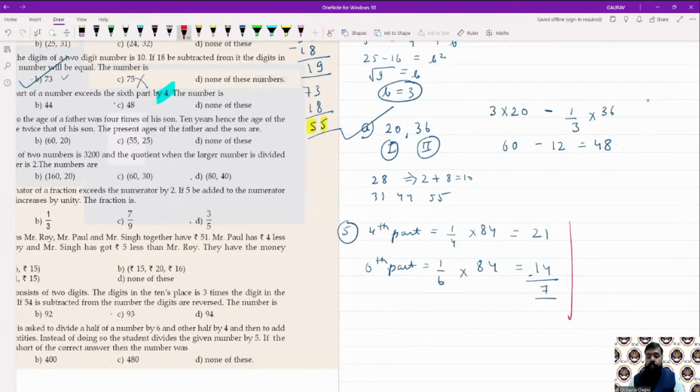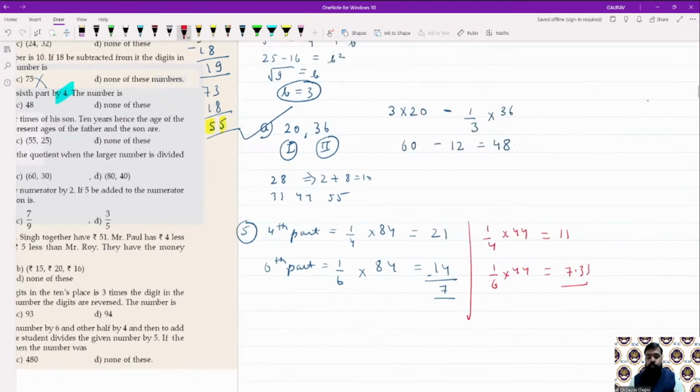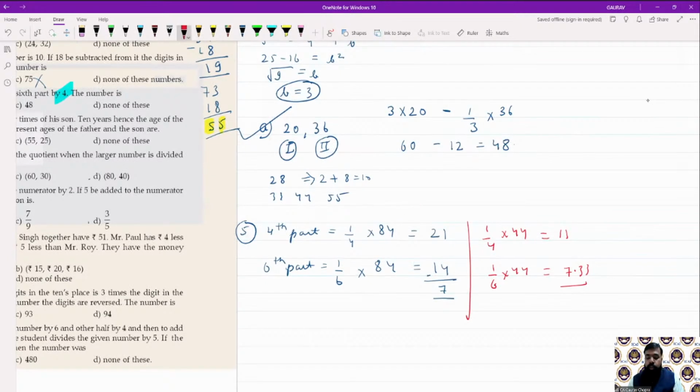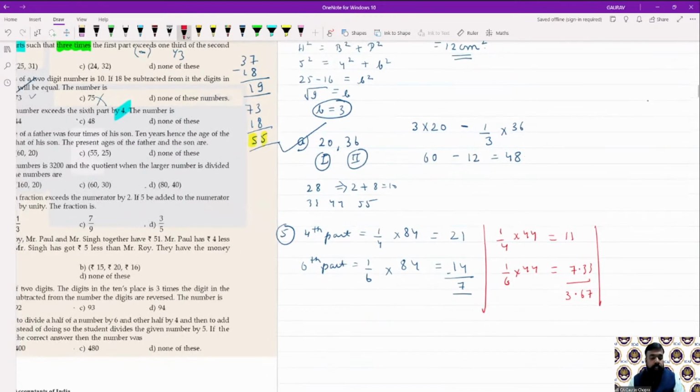Then the second one, 1/4 of 44 and 1/6 of 44. It is 11 and 7.33. So the result is how much? 3.67, not exactly 4.